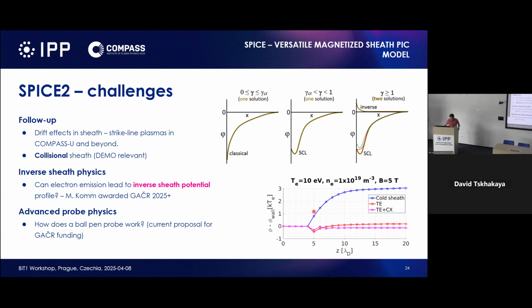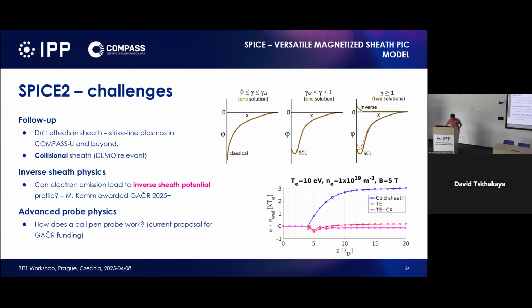We are not sleeping. We are developing more and more features into the code. Currently, we have received a Czech Science Foundation grant to study a so-called inverse sheath. Basically, if you have an emitting surface, you can reach a state where the potential is defined by the emission, which causes a shift from the classical exponential potential evolution to something completely opposite.